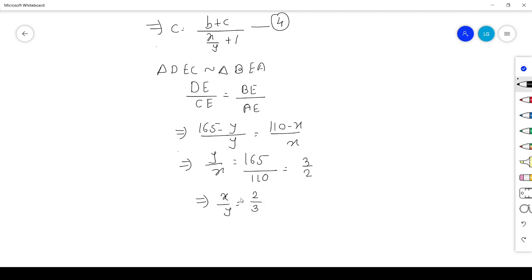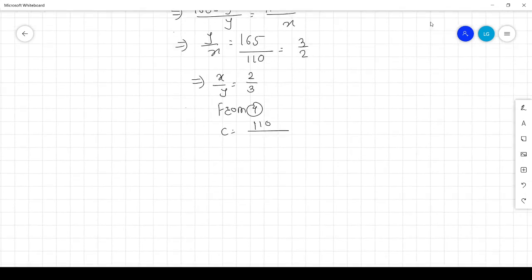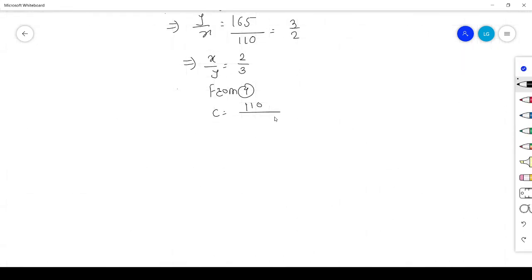Now, from 4, C will be B plus C, which is given as 110, divided by X by Y plus 1, that is 2 by 3 plus 1.